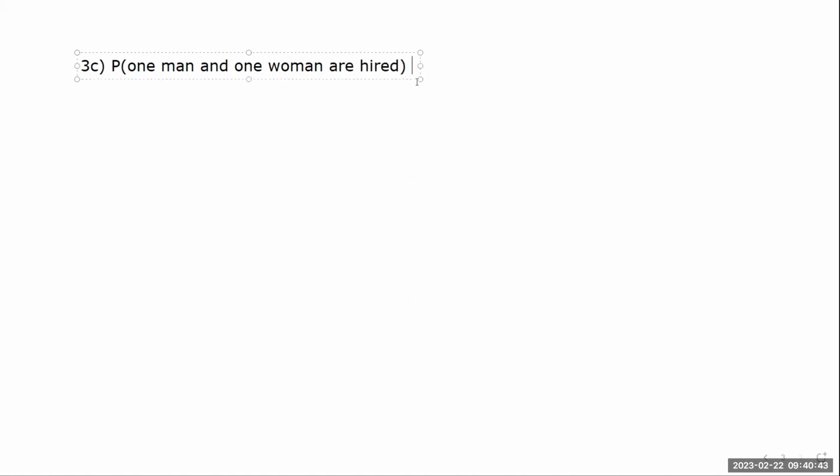So we're going to say that. So we're going to write this. We're going to say, this is the number of ways to hire one man and one woman over the total number of ways to hire two people.